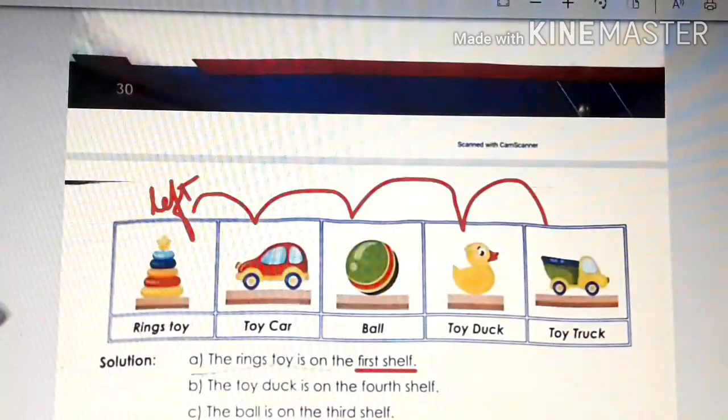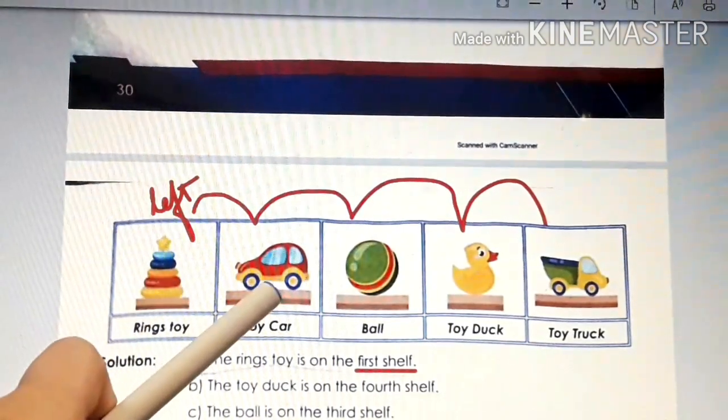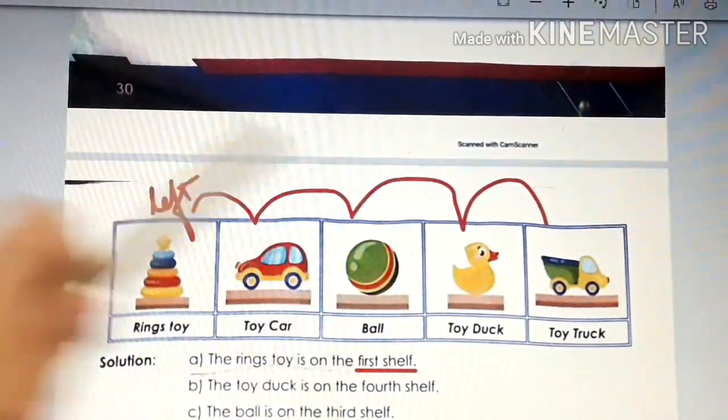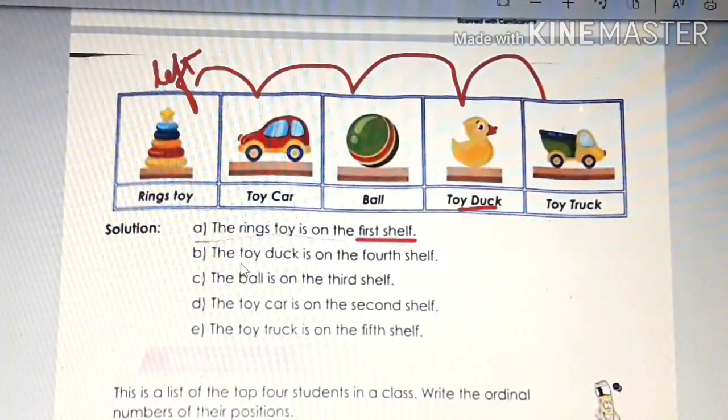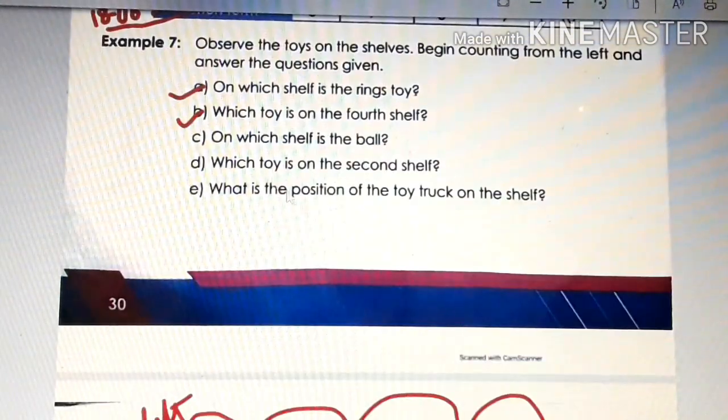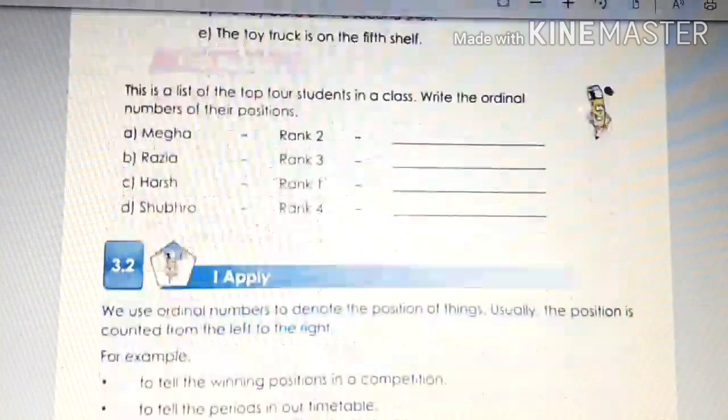So we have to count first, second, third, fourth. So which toy is there? Toy duck. So the answer is the toy duck is on the fourth shelf. Is it clear? This is how you have to do the other questions. You can practice these questions at home, children, in your rough copy.